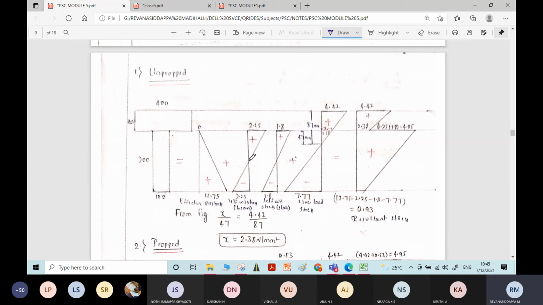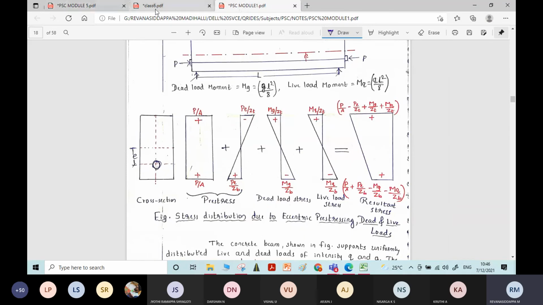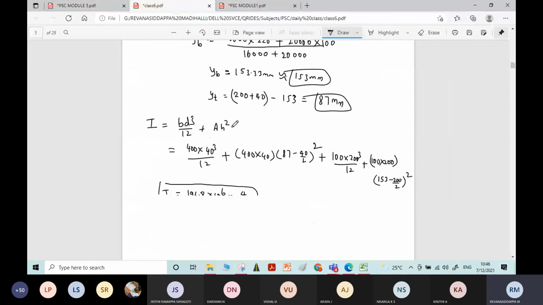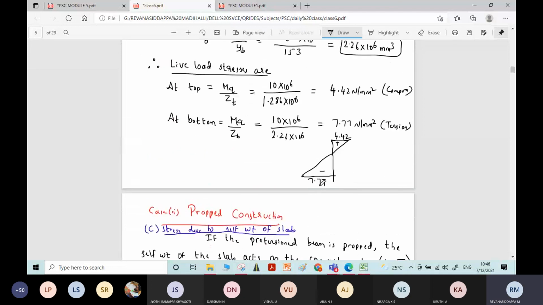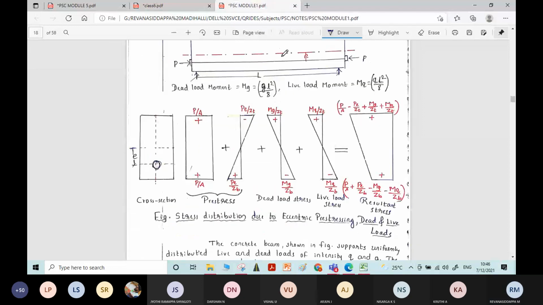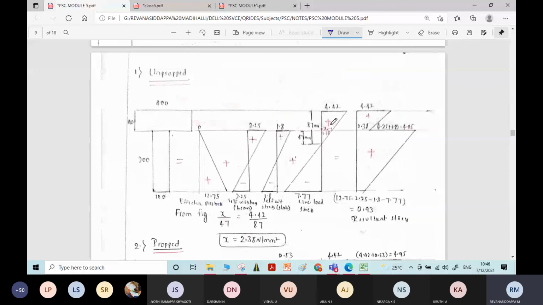Weight of the slab will act as dead load on the beam, so corresponding to the beam height only, you will write the stress distribution. When it comes to the stresses due to the live load, we need to write the stress distribution corresponding to the full depth. Remember, whatever stress distribution we have written now, plus 4.42 minus 7.77, it should be written with respect to the full height.